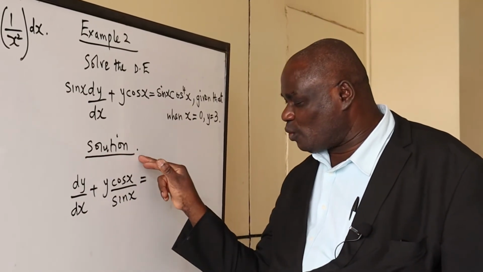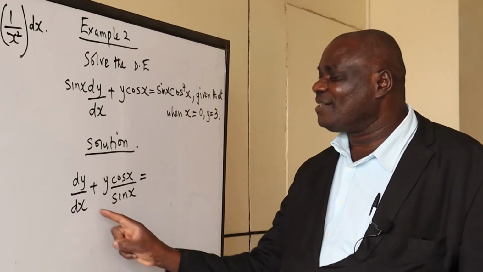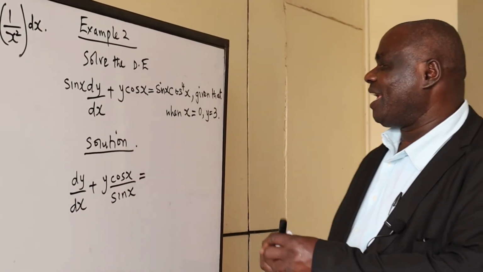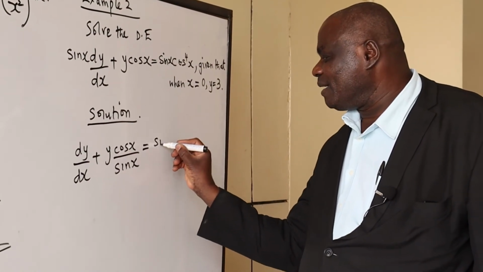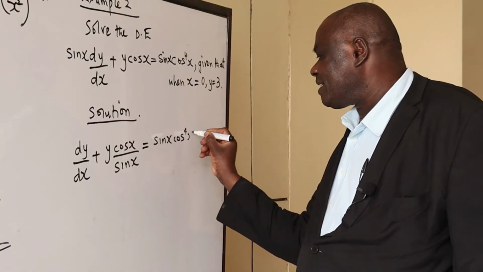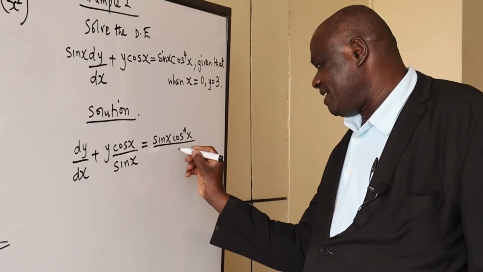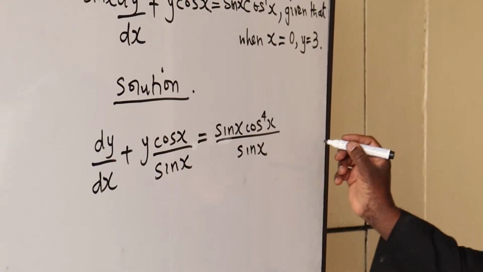So in our solution, we should put it in the form dy/dx plus Py is equal to Q. So this one will be equal to sin x cos to power 4 x all over sin x.